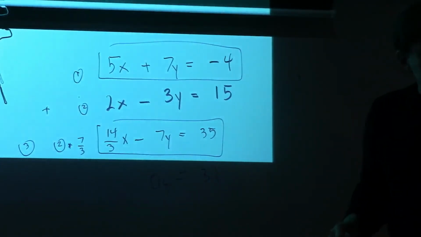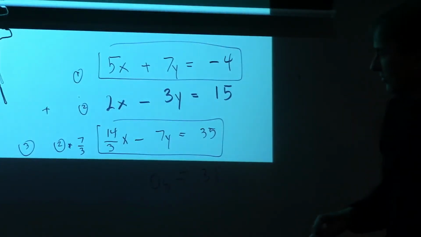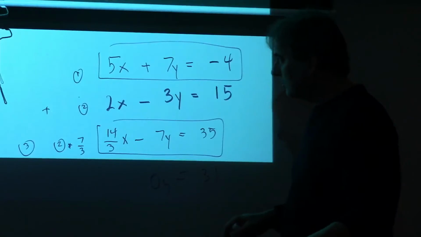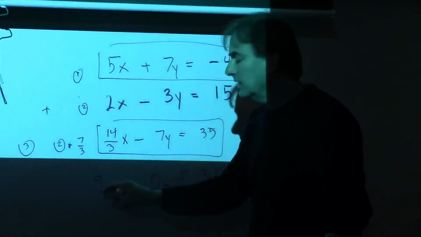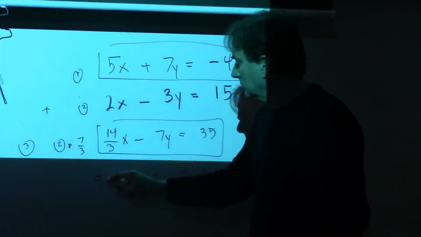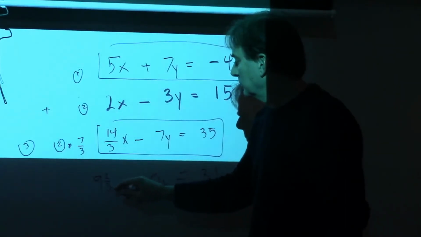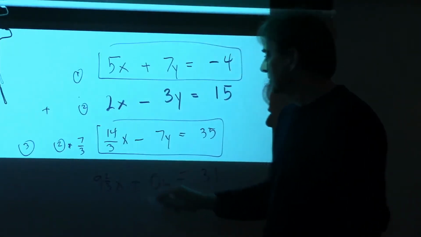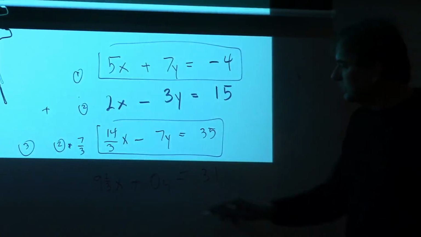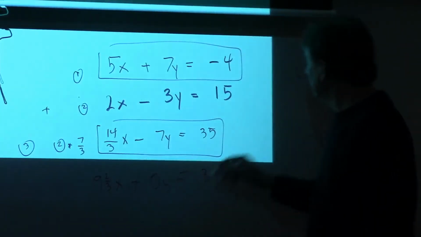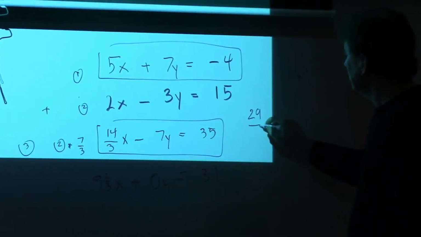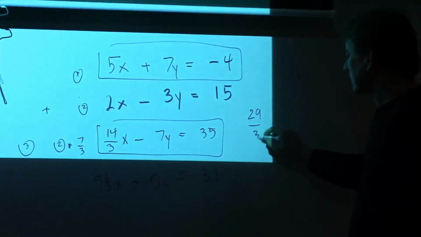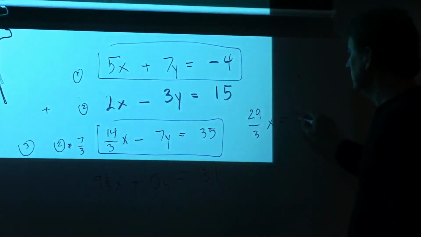Now, 3, 6, 9, 12, that's going to be 4, which is going to be 9, and how many thirds? 2/3 plus. So that's going to be 27, 29 thirds times x is equal to 31.